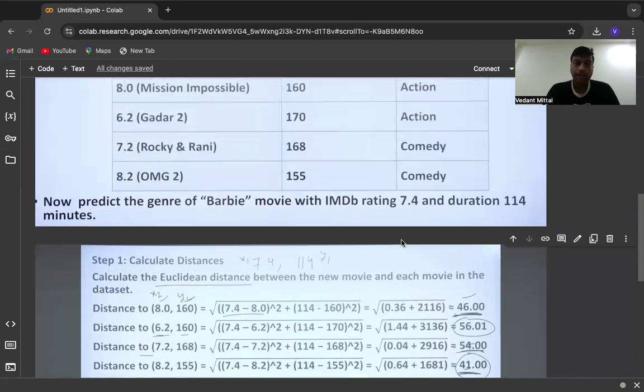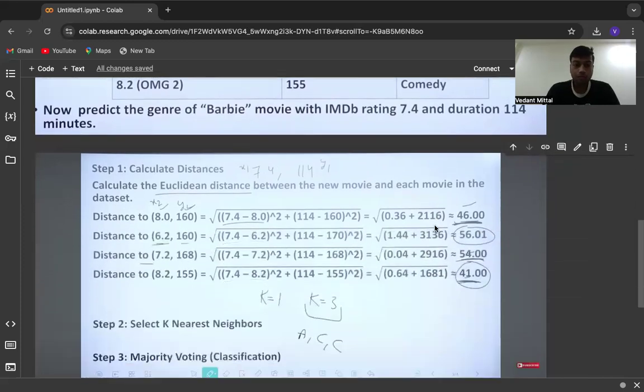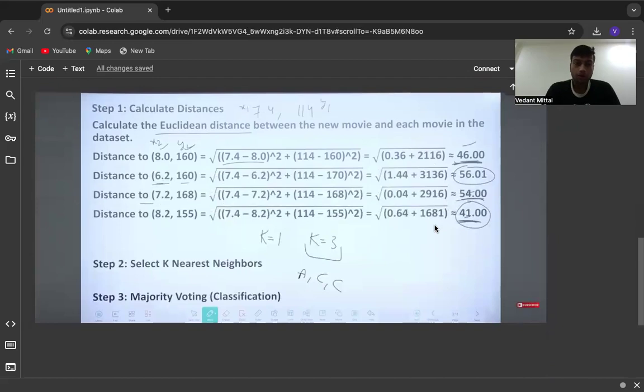So now we have Mission Impossible, Rocky and Rani, and OMG 2. The maximum vote is going towards comedy. So by taking k equal to 3, we can also see that the genre of the Barbie movie is comedy. So this is how k nearest neighbor works.